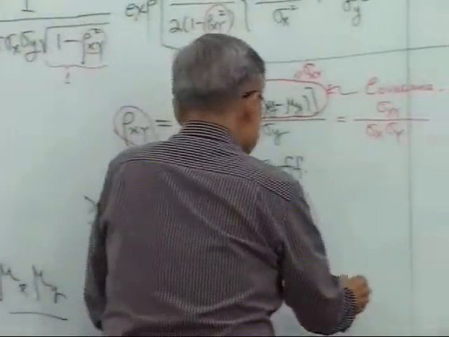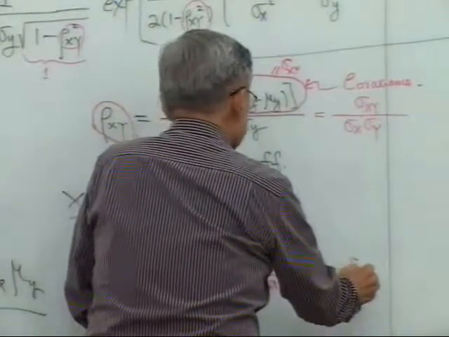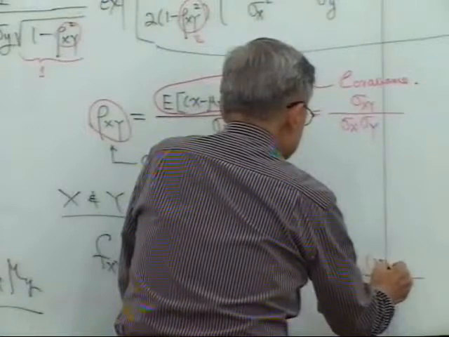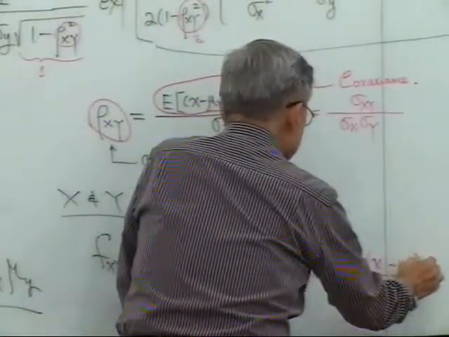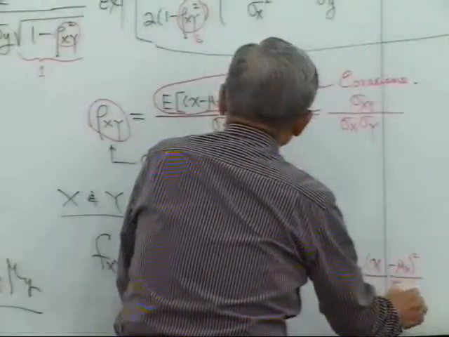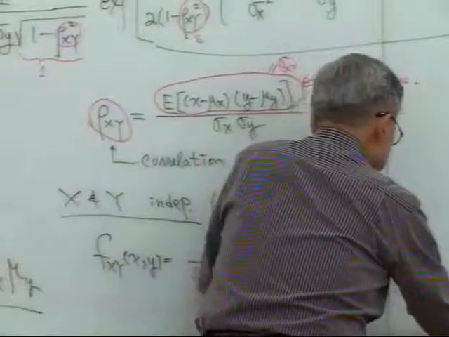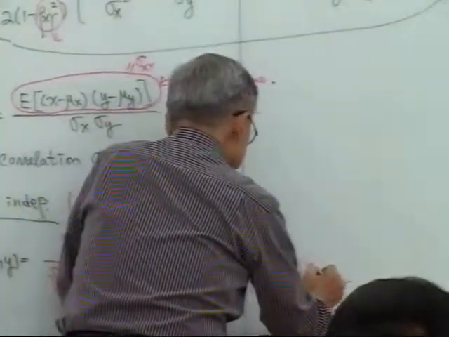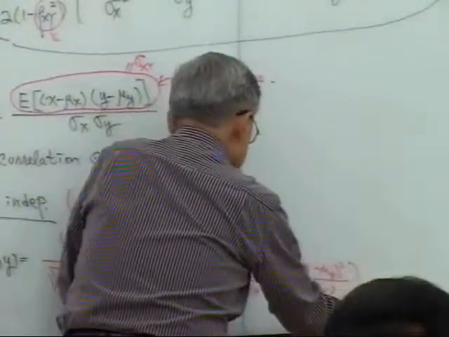Then the exponential function of 2 terms: x minus mu x squared over sigma x squared, plus y minus mu y squared over sigma y squared.